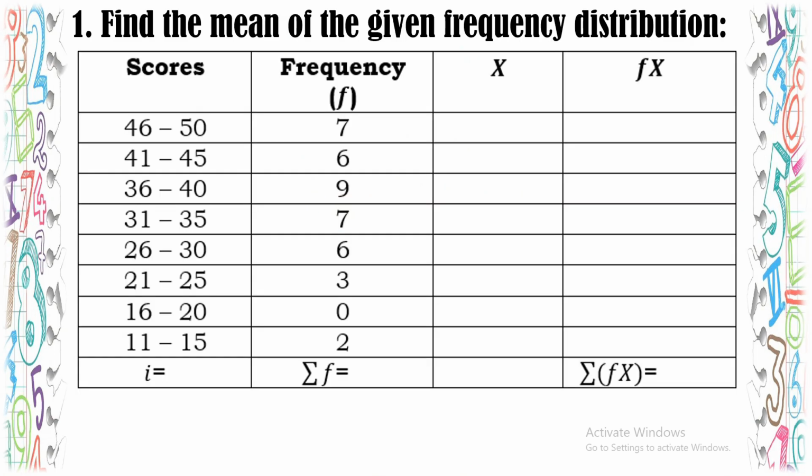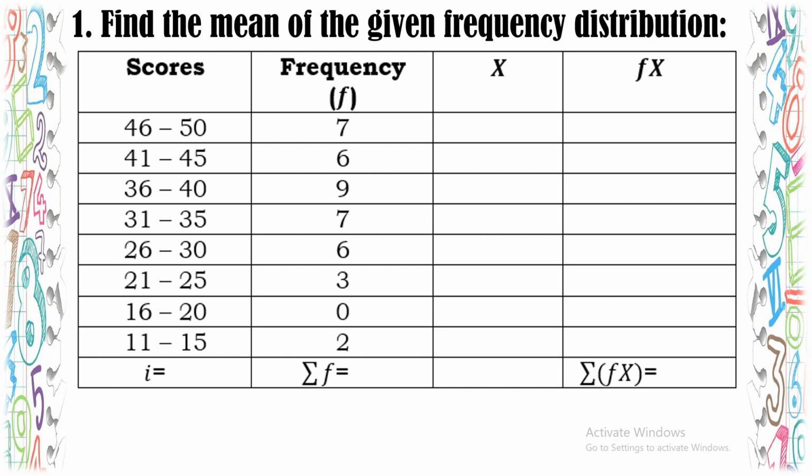Let us have examples. First, find the mean of the given frequency distribution, of course, using the class mark. First, we have to complete the needed information in this given table. First, we have to determine the class size. To find that, you can subtract the lower limit from the upper limit, then add 1.